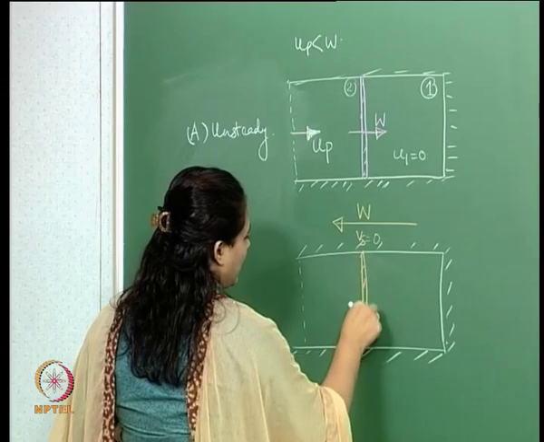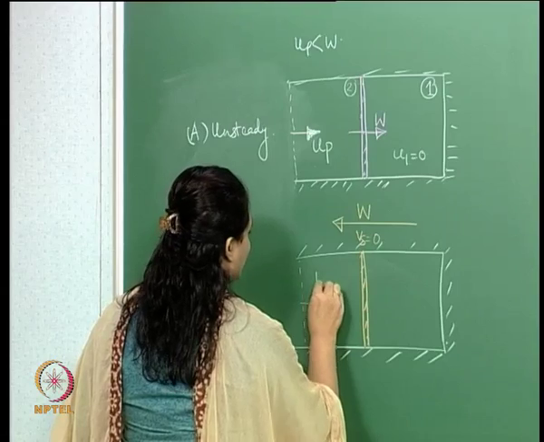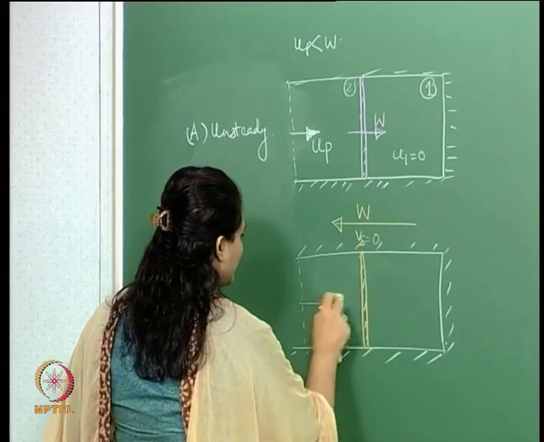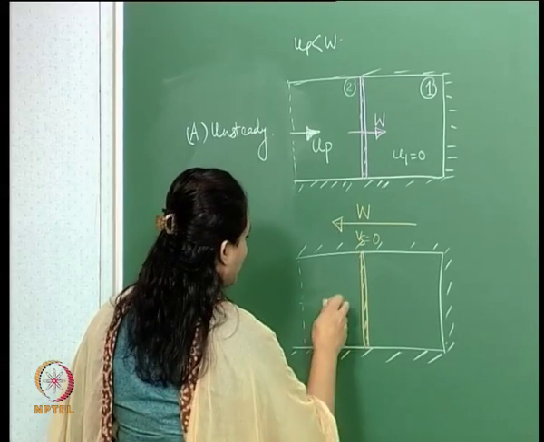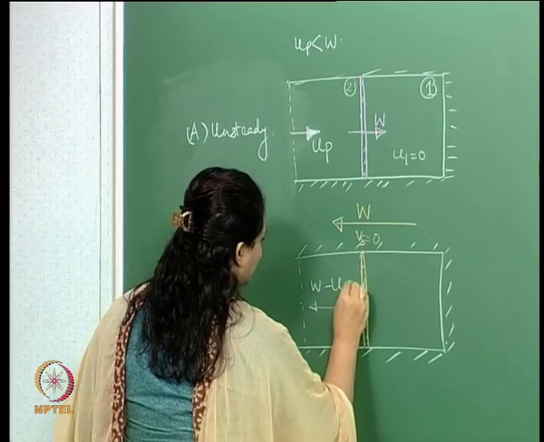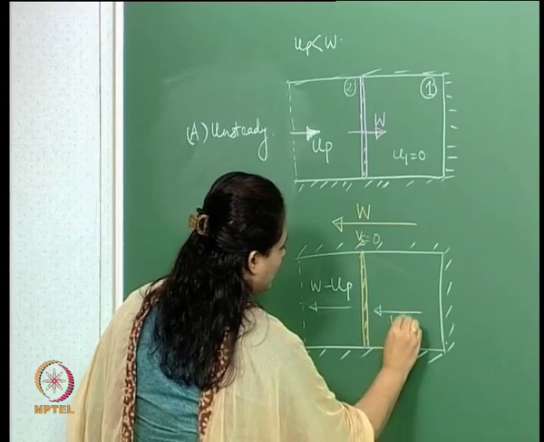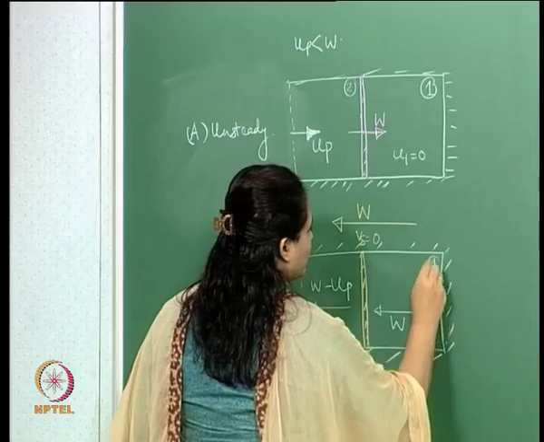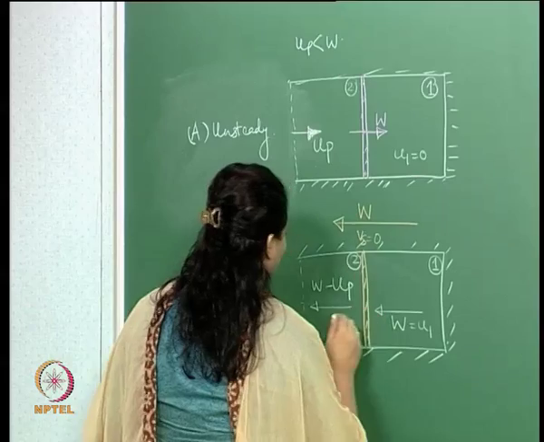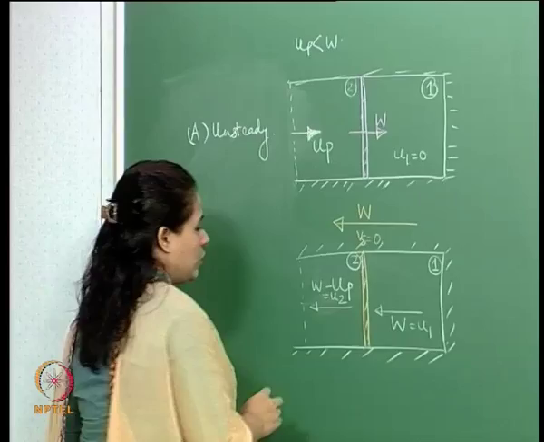So it's basically a standing wave. The velocity here becomes w. This is my region 1, this is my region 2, so this is u1 and this is u2.